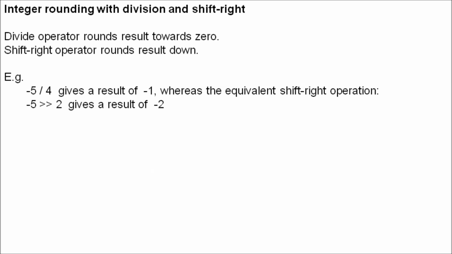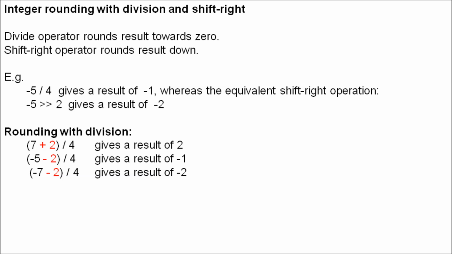Although they will produce the same result when the numerator is positive, this is not the case when the numerator is a negative value. This is because the integer divide operation rounds the result towards 0, whereas the shift right operator rounds the result down, so that positive values round towards 0 and negative values round away from 0.